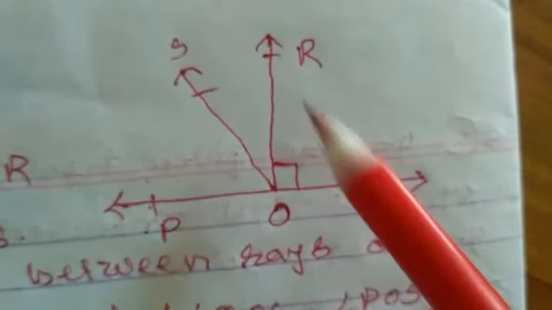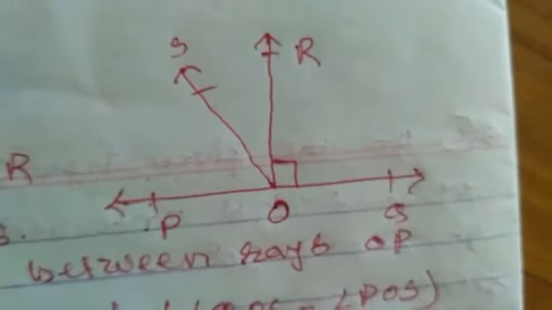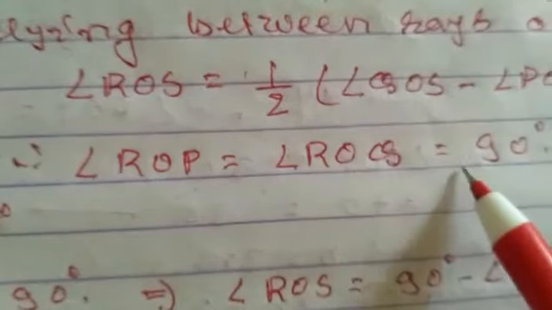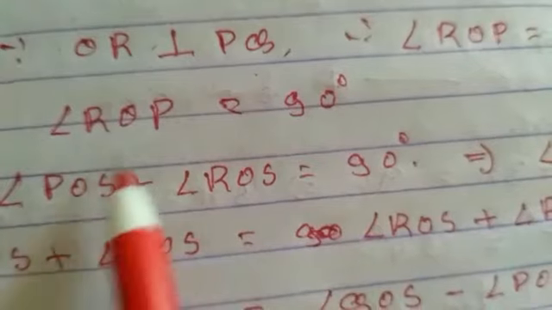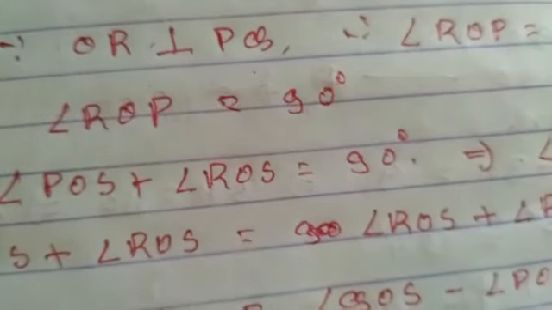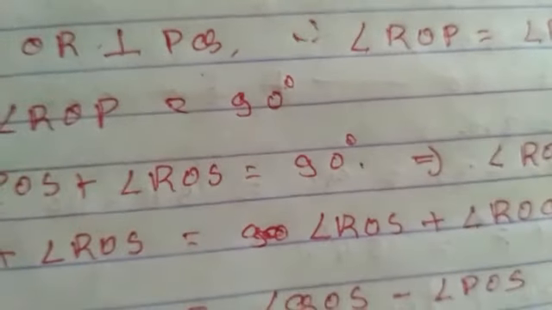So, since OR is perpendicular on PQ, we have angle ROP equals angle ROQ, that is equal to 90 degrees. Now we have angle ROP equals 90 degrees.